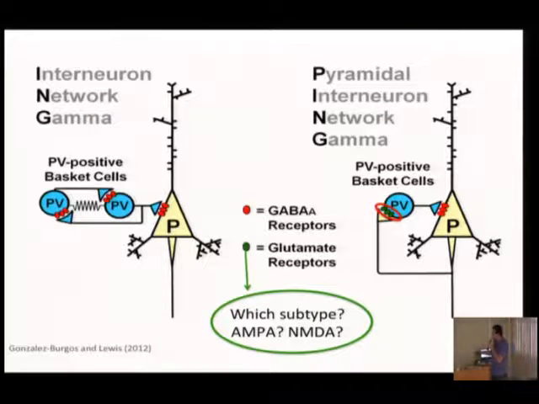And also, if you knock out the NR1 subunit, that's the obligatory subunit of NMDA receptors, you can also find deficits in the evoked gamma oscillations.